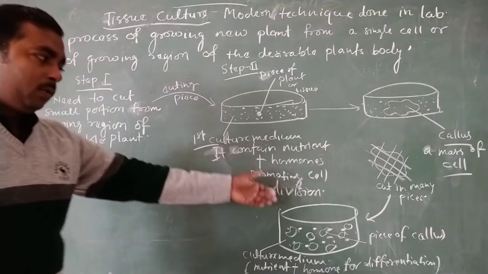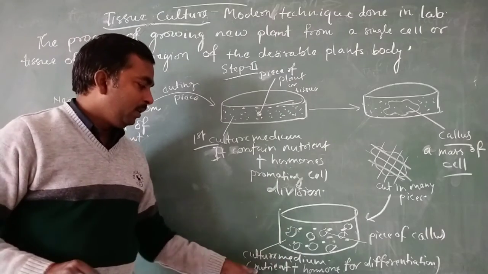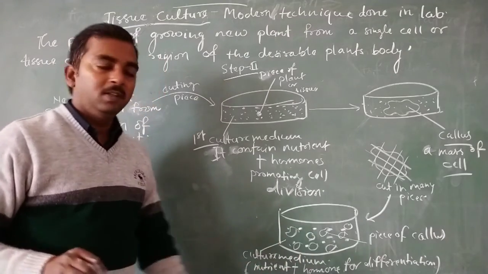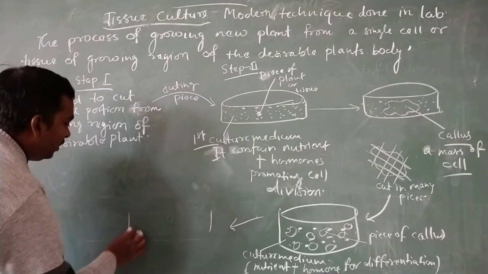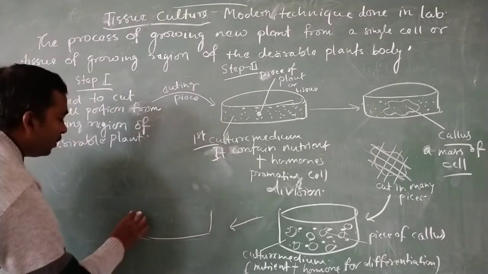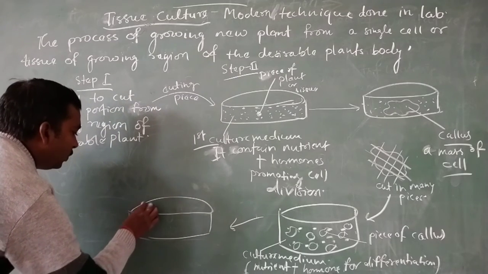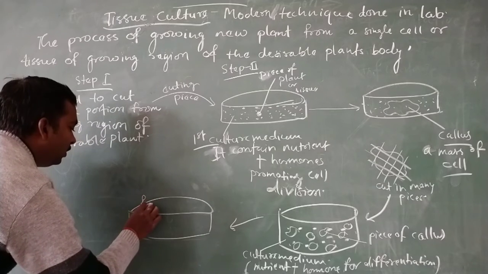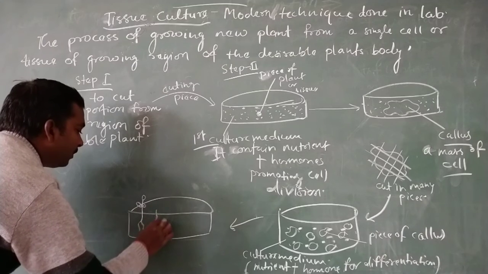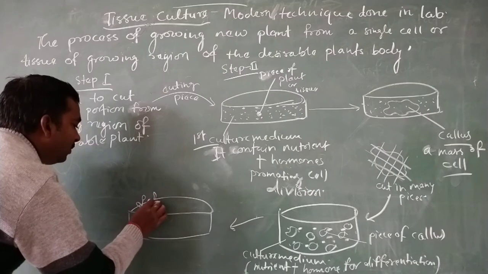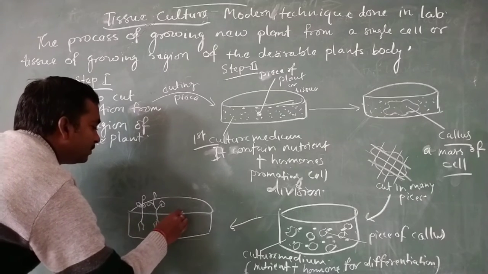When we put the number of pieces of callus in this medium containing nutrients plus hormones for differentiation, then after some time in this culture medium we observe small plantlets growing along with leaf, stem and roots. So after some time we can easily observe the plantlets.